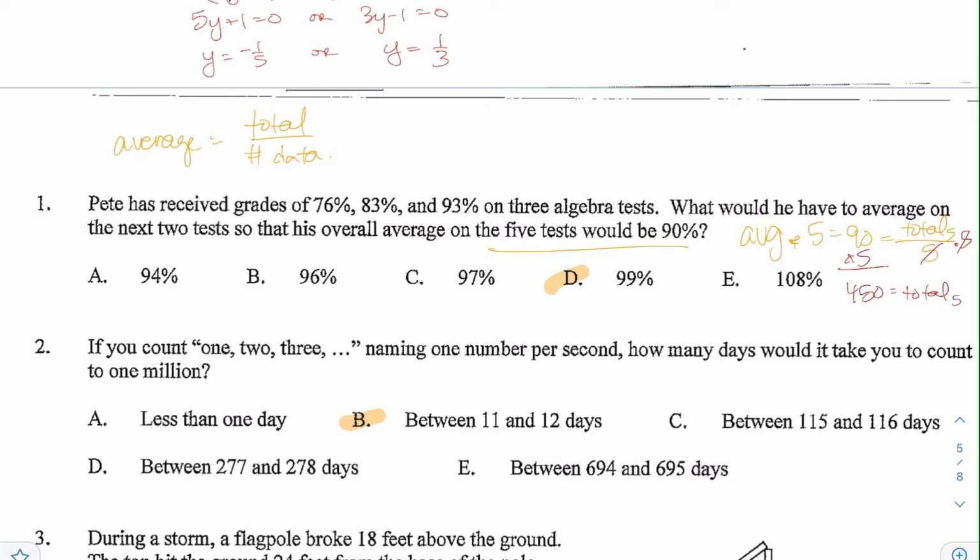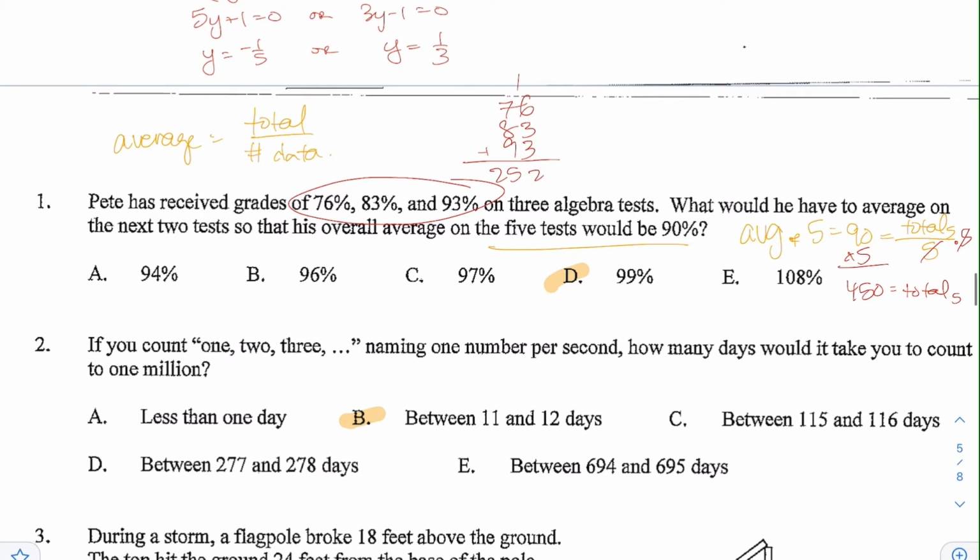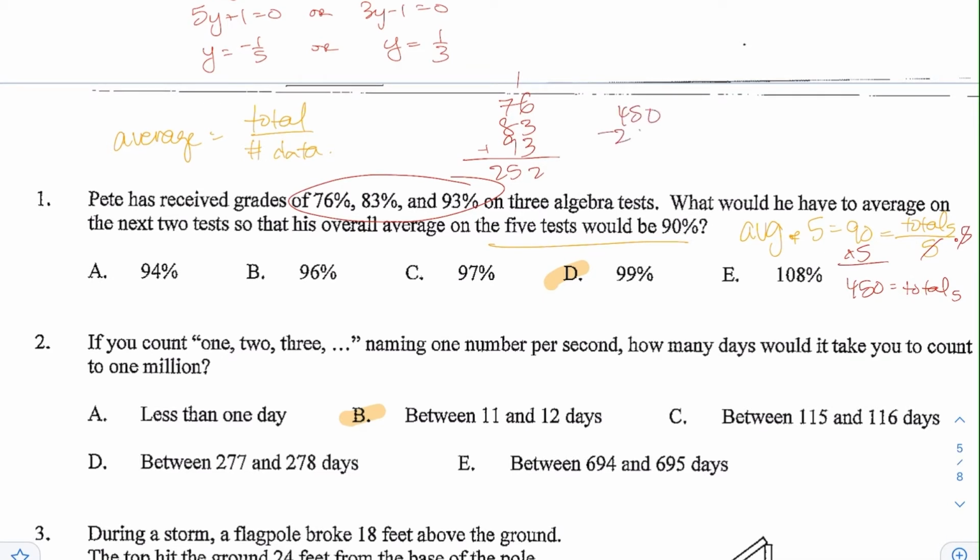Now, if the total of the 5 tests is 450, he already has 76, 83, and 93. So if you add those, that would be 252. So he already has 252. I'm going to do 450 minus 252.